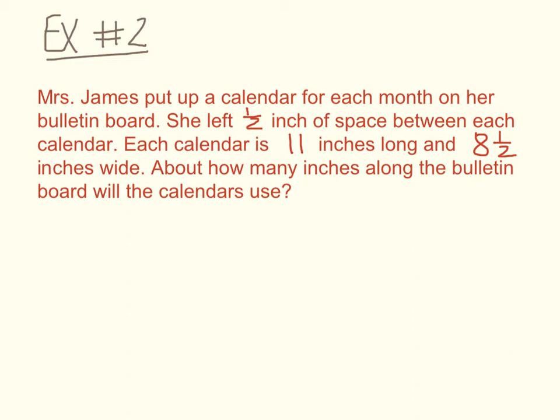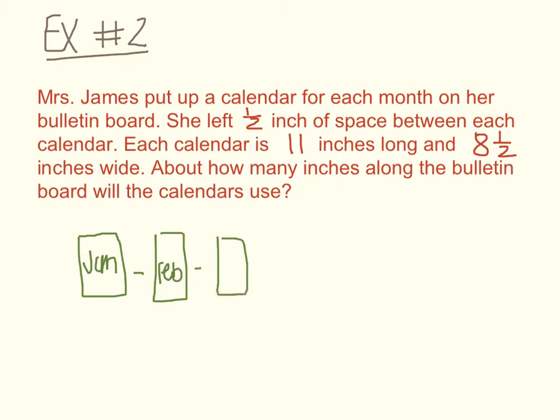About how many inches along the bulletin board will the calendar use? So it would look something like this, with the first month being January, and then she would leave a little space, and then February, leave a little space, March, and so on. She wants to do all the months.